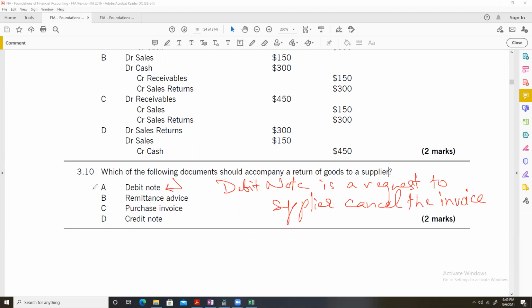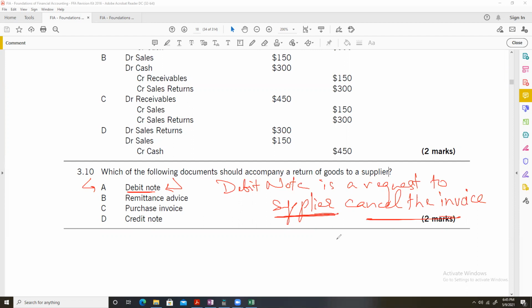So when we return goods, we send a debit note to the supplier.